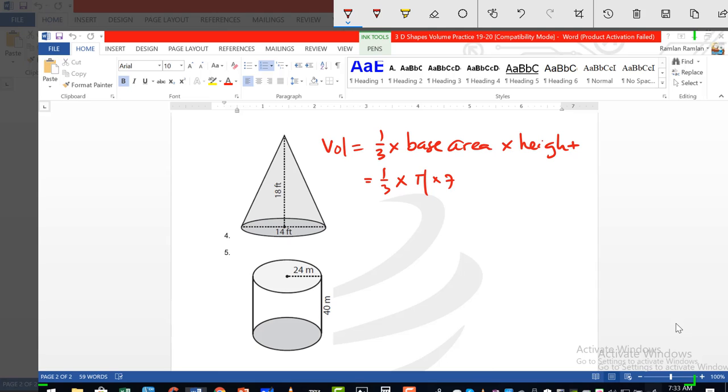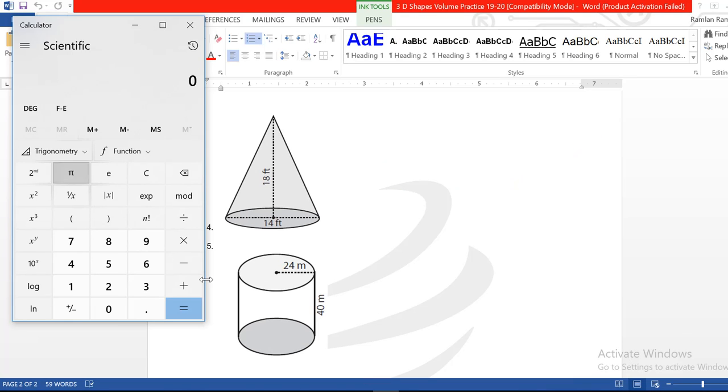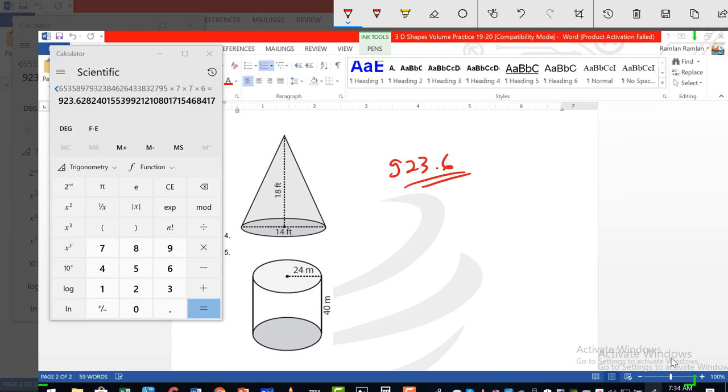So it's 7 squared times the height, which is 18. Okay, so we can cancel this, and this is equal to 6. So you only need to multiply this. So it's 7 squared times 6. Okay, we're going to use the calculator for this one. So it's pi times 7 times 7 times 6 equals, here we go. And don't forget to write down the unit.